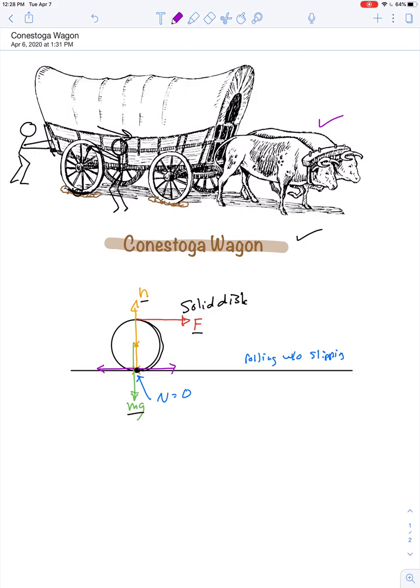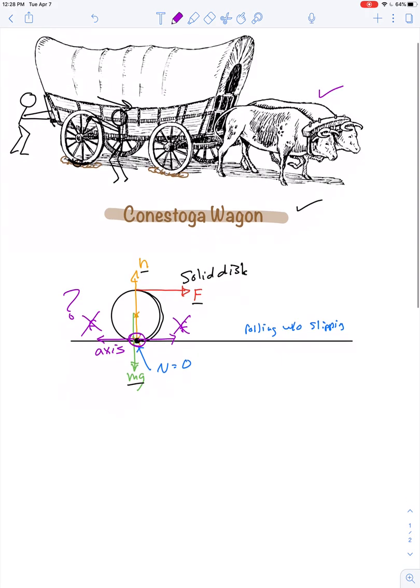So maybe the friction force points forward. I'm not so sure. So this remains a bit of a mystery. But here's the point. If I consider the contact with the ground to be my axis of rotation, then it doesn't matter whether the friction force points forward or backward. Either way, it's not a torque-producing force.